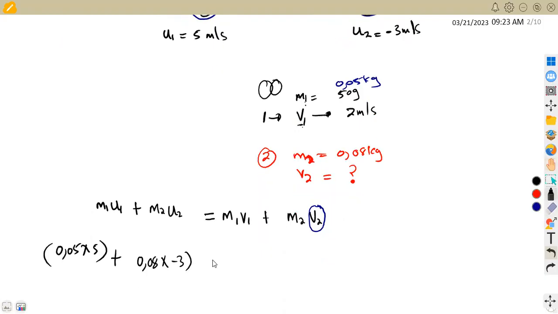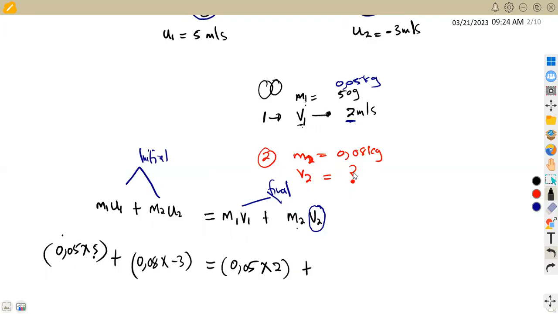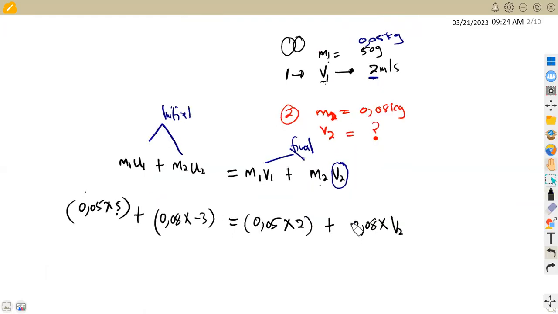This is equal to the final conditions: M1, still 0.05 kgs, times the final velocity of 2 meters per second, which stays positive since it maintains its direction, plus 0.08 times V2, the one that we need. From calculating V2, we will know its direction from the sign that we obtain.